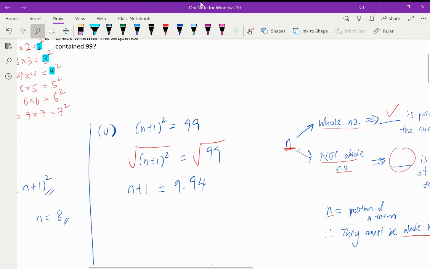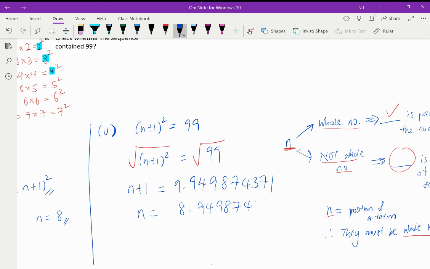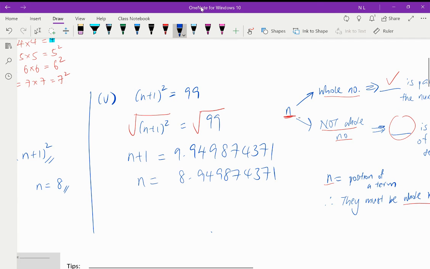So since you know that n plus 1 will give you 9.987431, when you solve for n, it will be 8.987431.